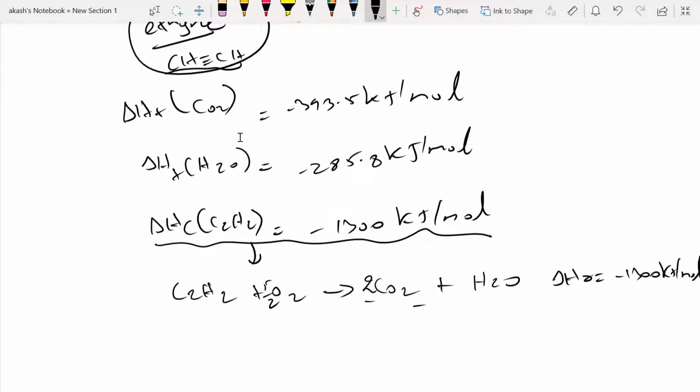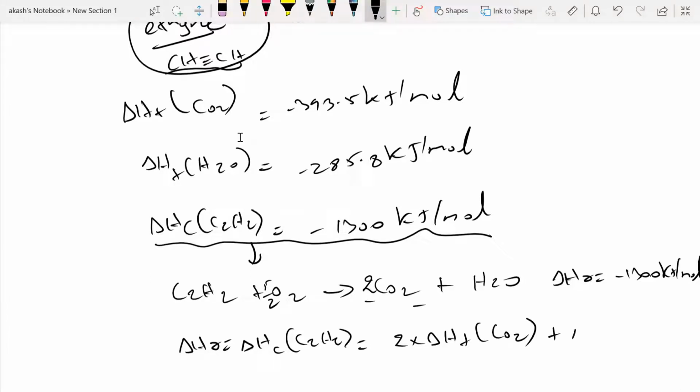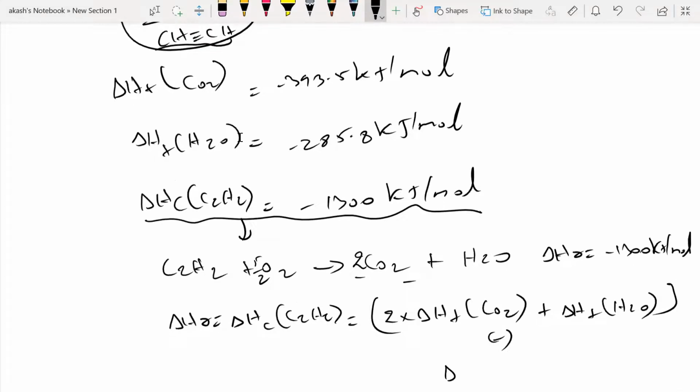Again, we'll be able to write in terms of enthalpies of formation. How do we write delta HR, which in this case is delta HC of C2H2? First we'll talk about the products: 2 into enthalpy of formation of CO2, plus 1 into enthalpy of formation of H2O, minus the enthalpy of formation of C2H2 and O2.